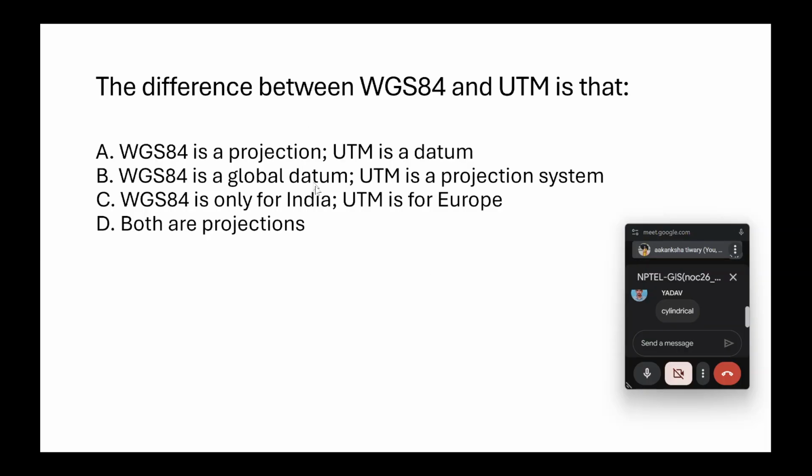And the third one is WGS 84 is only for India, and UTM is for Europe, and D is both are projections. Anyone? Which option? What is the difference between WGS 84 and UTM?